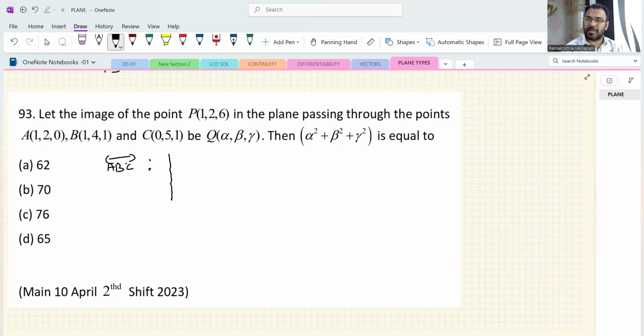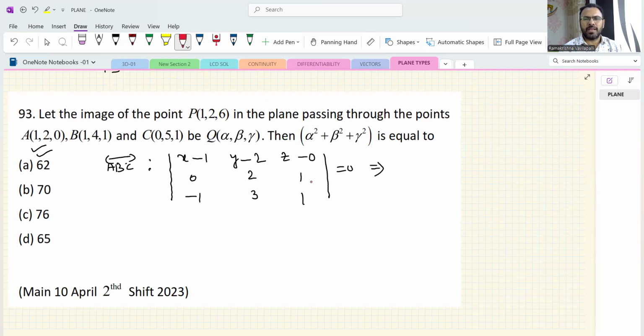What is this ABC plane? Again, determinant of, remember, x minus x1. So x minus 1, I'm just taking the first point as x1, y1, z1, and y minus 2, z minus 0. Now b minus a coordinates are 0, 2, 1. Next c minus a, minus 1, 3, and 1 equal to 0. So we will get the plane equation.